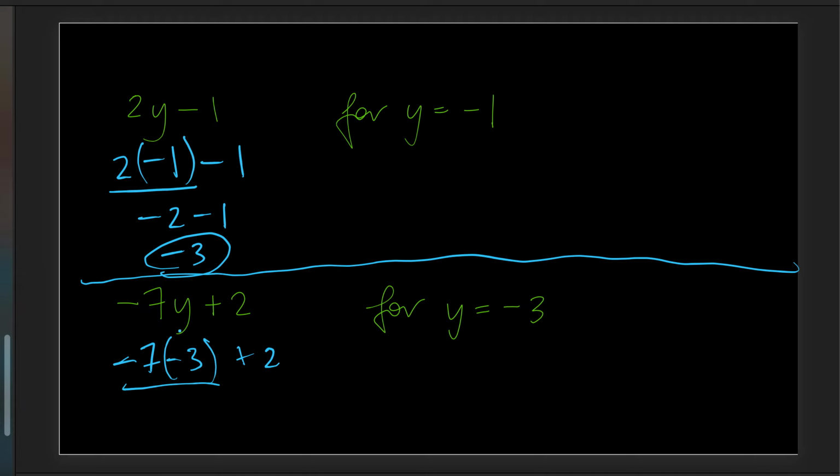Negative 7 times negative 3 is a positive 21 plus 2. So 21 plus 2 is 23, which I'll stick over there.